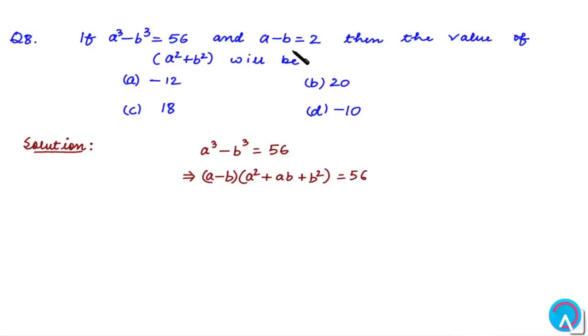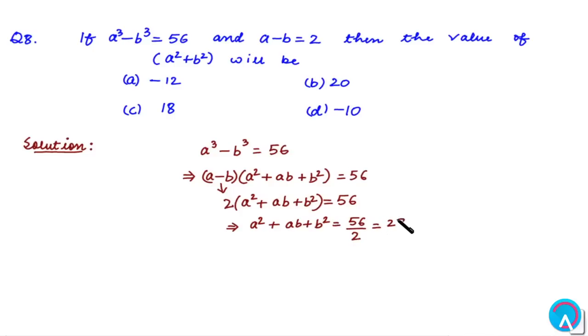Also, we can see that it is given here that a minus b is equal to 2. So here we can substitute a minus b as 2, and this gets multiplied with a square plus ab plus b square is equal to 56. This implies from here we can get the value of a square plus ab plus b square is equal to 56 divided by 2, that will be 28.